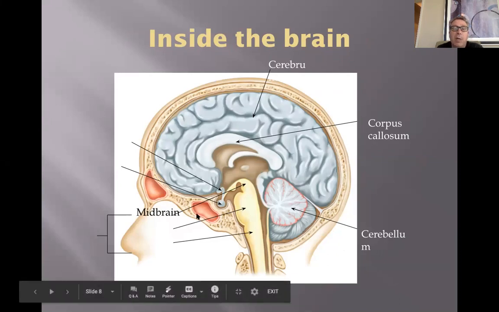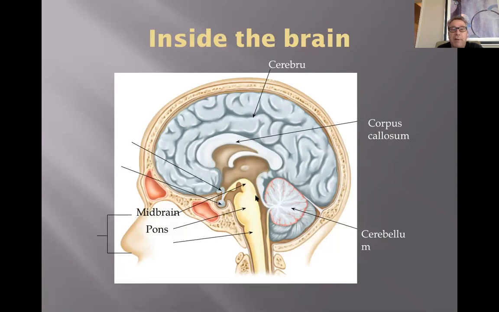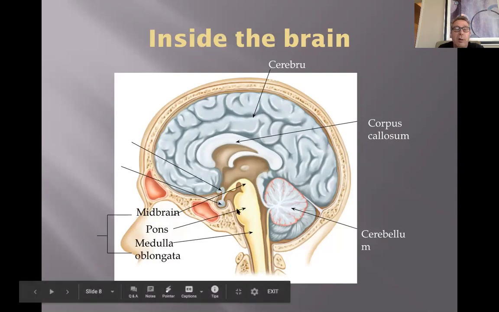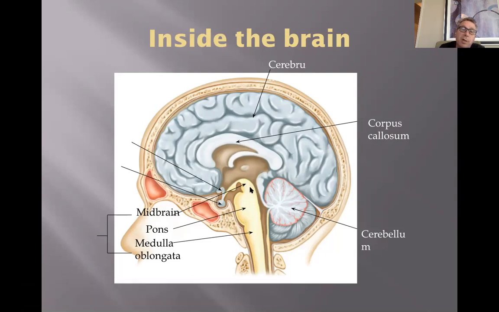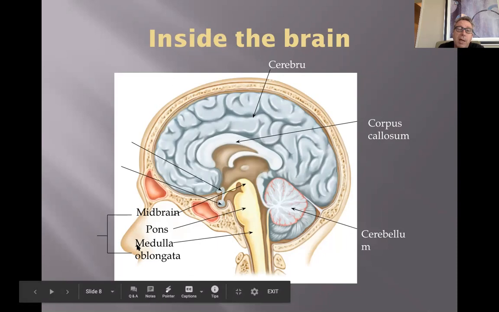And then we have the midbrain, and then we have the pons and the medulla oblongata. The midbrain is this upper area here. The pons is in the middle, and the medulla oblongata is on the bottom, and that makes up the brain stem.